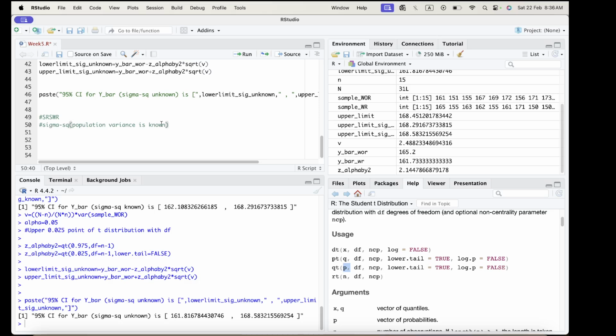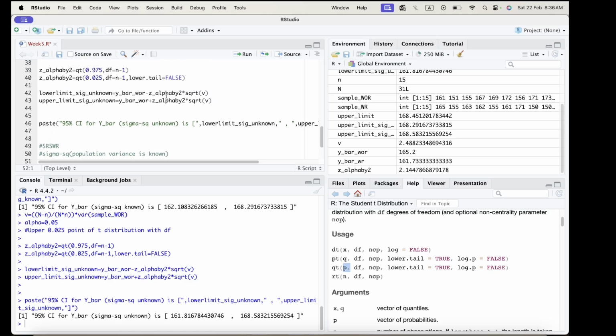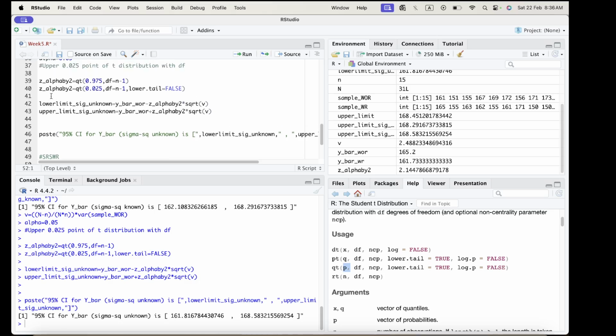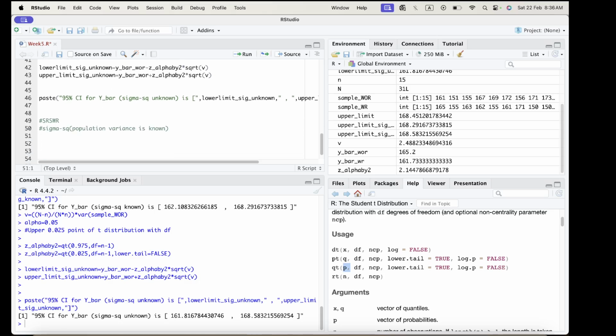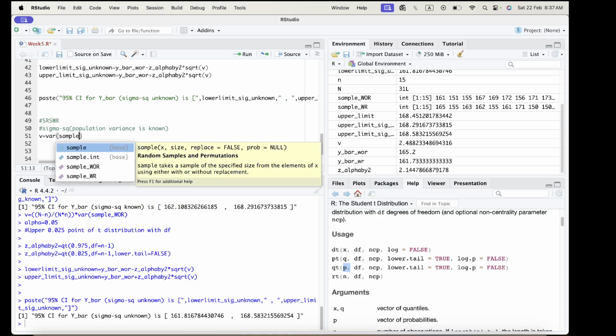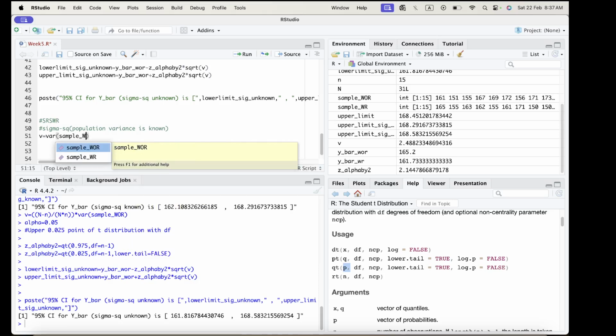So if sigma square is known, then my V actually becomes the variance of the sample with replacement, that is small s square by n, this one divided by small n.